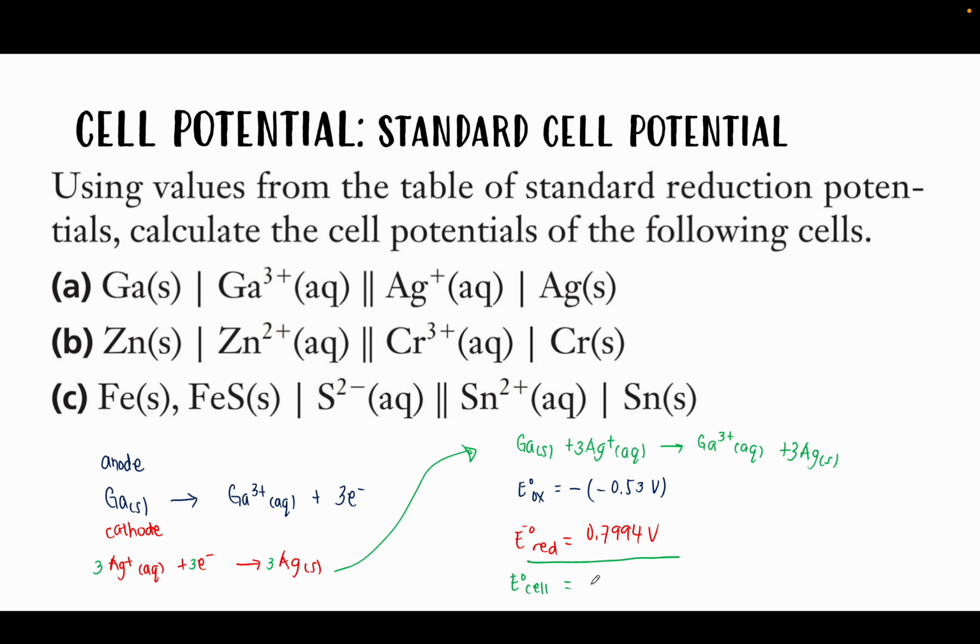This is now 1.3294 volts. Okay, so this is the standard cell potential. I want you to try on your own B and C, and then I will be giving you the solution and the answer. Okay, so I'll see you in the next discussion.